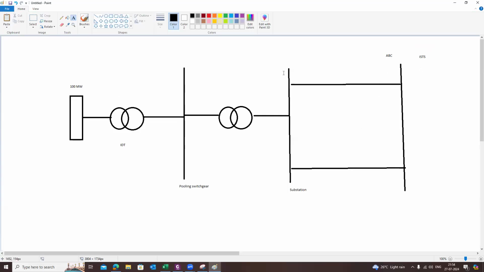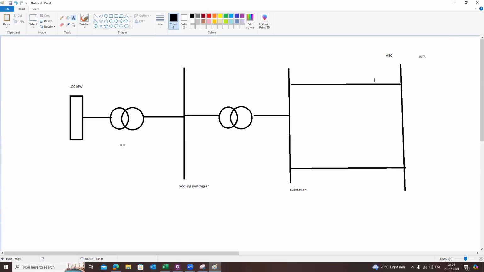Now, before connecting, whether it is feasible to connect this 100 megawatt at this ABC substation or not? If it is feasible, what will be the available transfer capacity? If it is not feasible, how many transmission lines need to be constructed? I have to do the analysis for that, right?